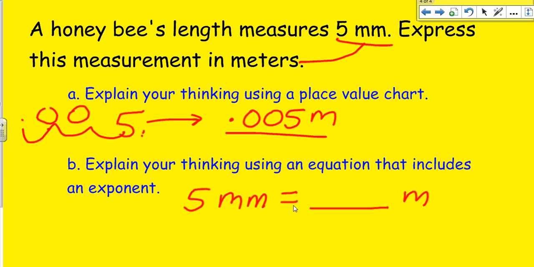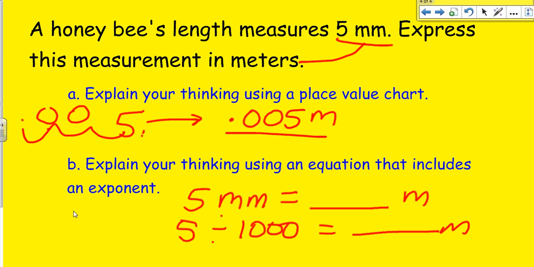Looking at the 5 millimeters, I'm going from this smaller unit into the larger unit, so I'm not going to multiply, but I'm going to divide by 1,000, because it's going 3 places to the left. So my equation would be 5 divided by 1,000, okay? And that's going to equal how many meters?